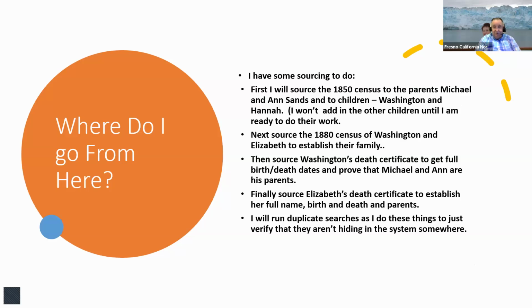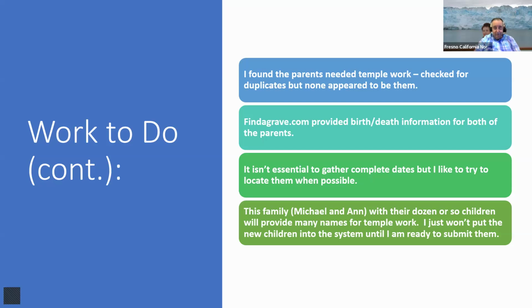Go to the 1880 census and source Washington and Elizabeth, source Washington's death certificate and Elizabeth's death certificate, run some duplicate searches, and if I'm happy, I'm ready to go. And so I turn to doing the temple work. But first, I want to just point out I didn't have to do a lot.